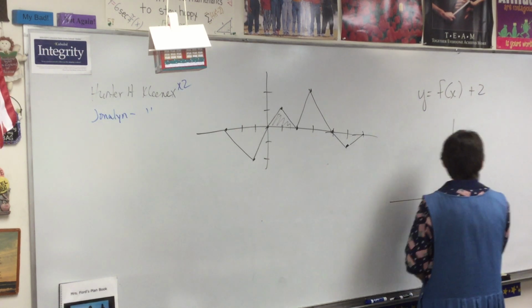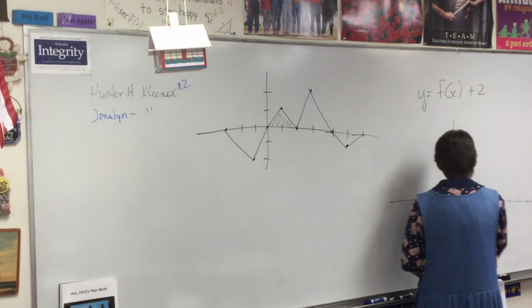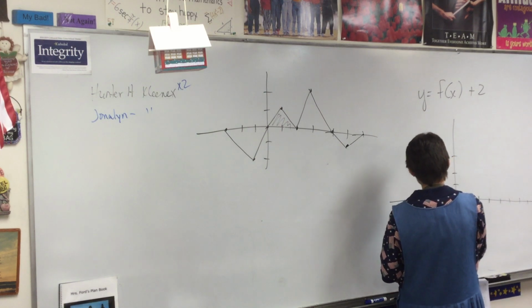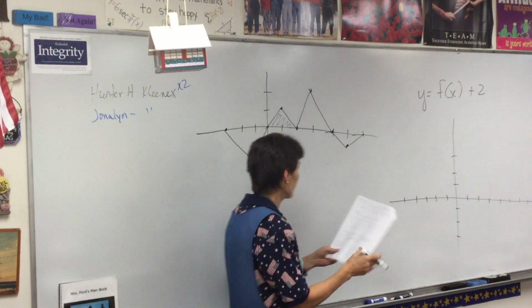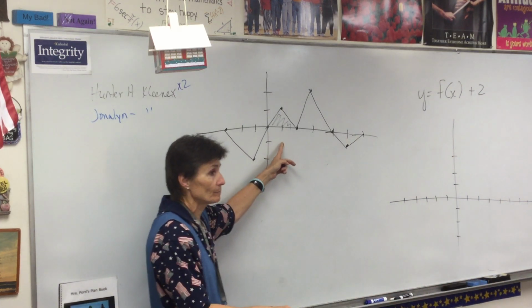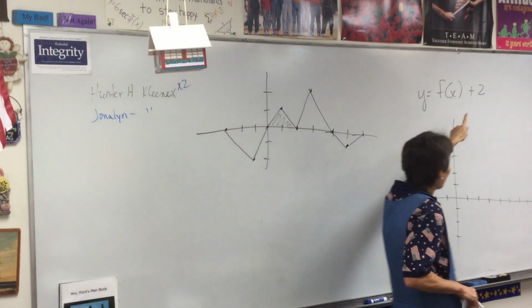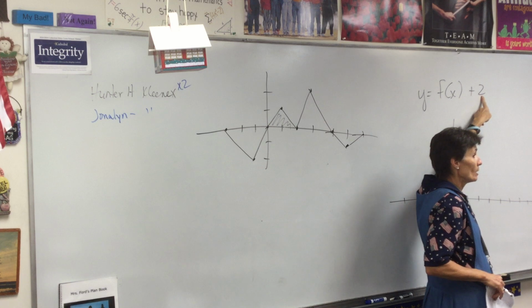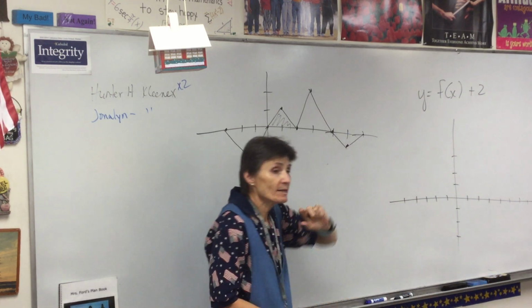Now, once again, we are starting with that baseline picture that's in your notes. So we're starting with the original right here. And we're adding 2 on the outside. So what does that do?